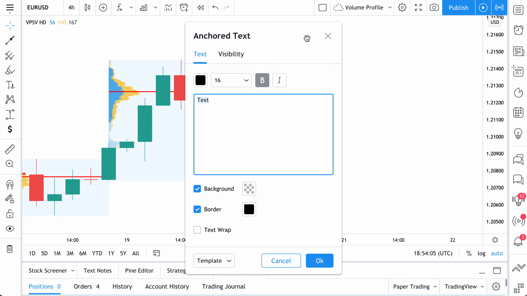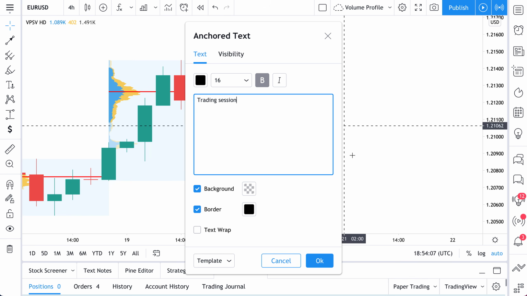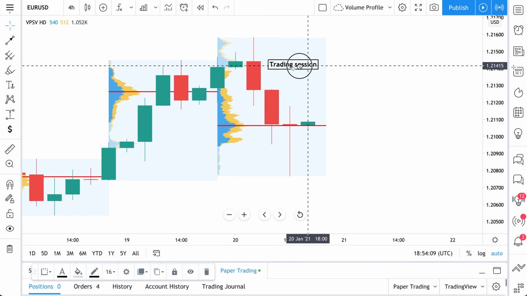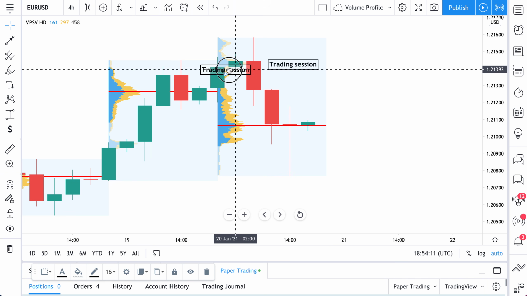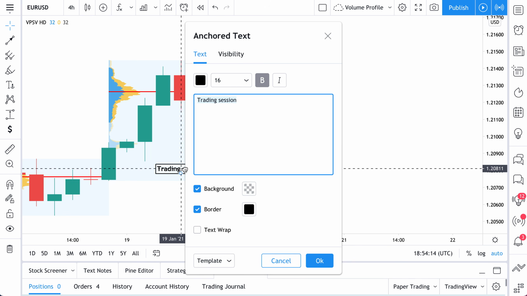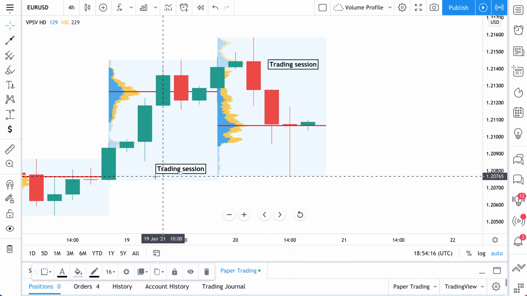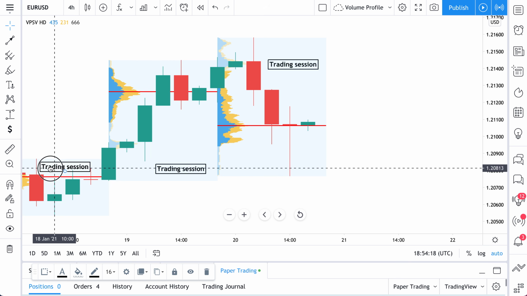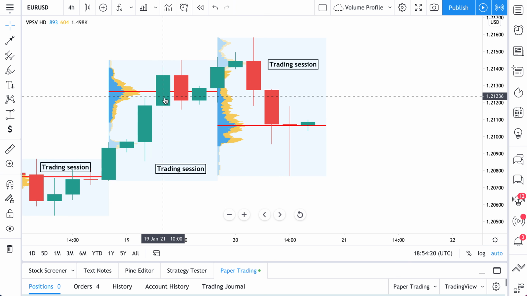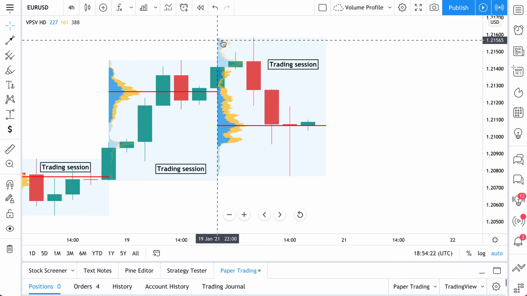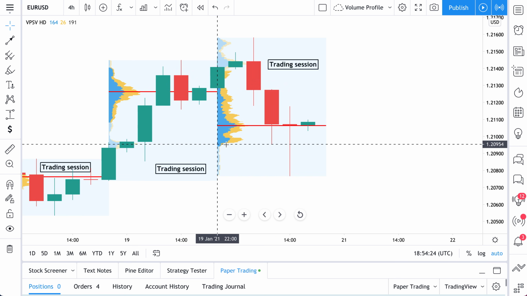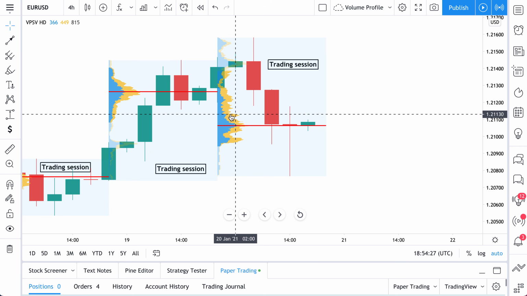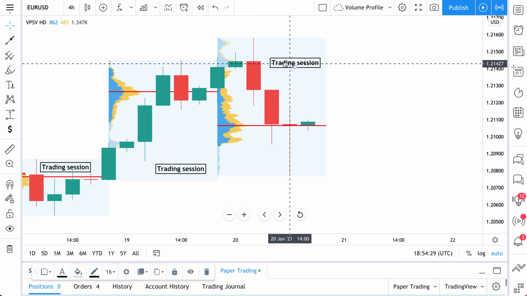This is a trading session. This is another trading session. So you get what we're saying? And then, of course, this is another trading session. So each blue area is a trading session, and these volume profiles are telling you where the most trading happened at a price level within this session.